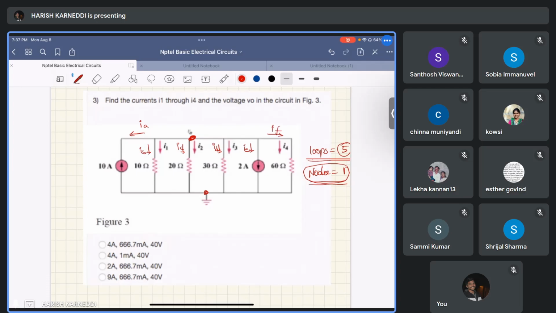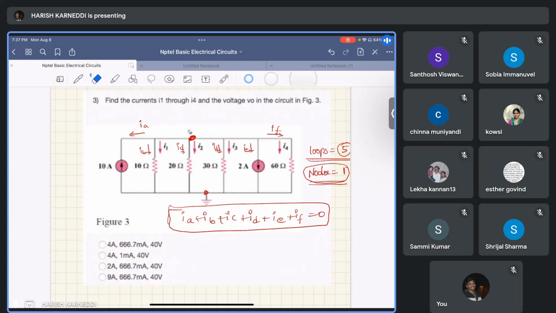What does our KCL state? The algebraic sum of the currents at a particular node, the VA node, is 0, right? That is IA plus IB plus IC plus ID plus IE plus IF equal to 0. This is our KCL at the VA node. Then find IA, IB, IC, ID, up to IF.